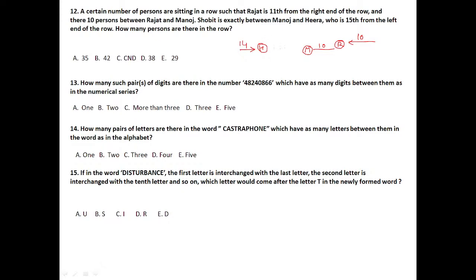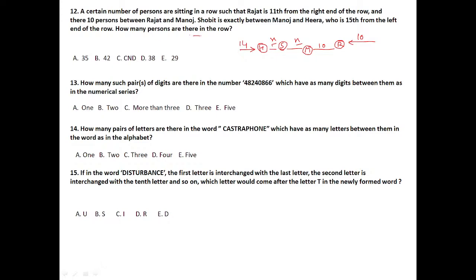Now Shobit can sit exactly in the mid position between Hira and Manoj, but we don't know the number of persons seated between Hira and Shobit and Manoj. If we know one gap, the other gap is very easy, because Shobit is seated exactly in the mid position between Hira and Manoj. So if this is n, this could also be n, correct?